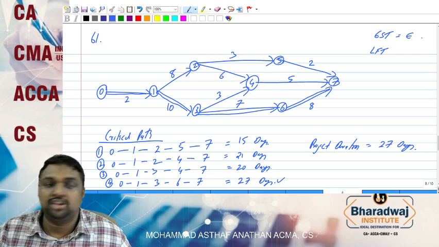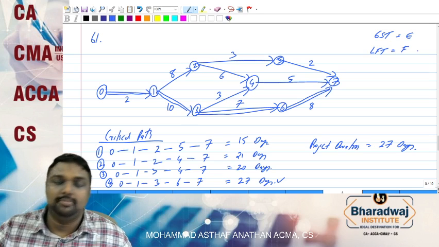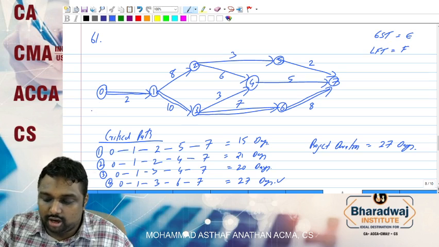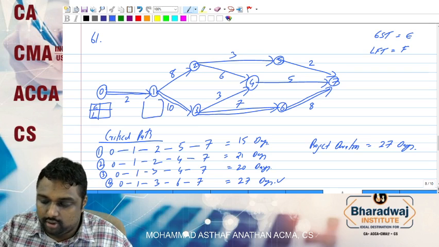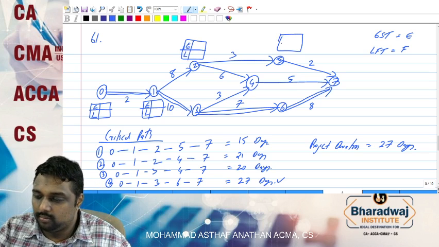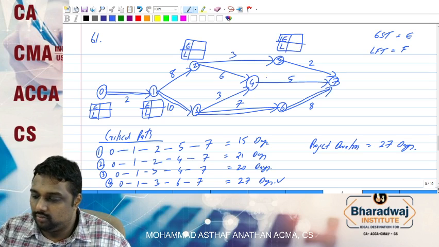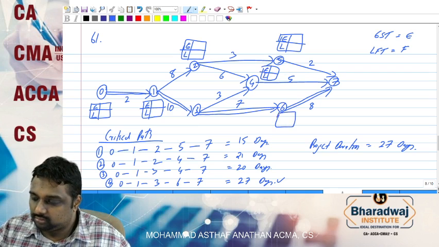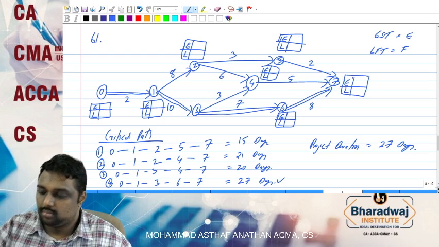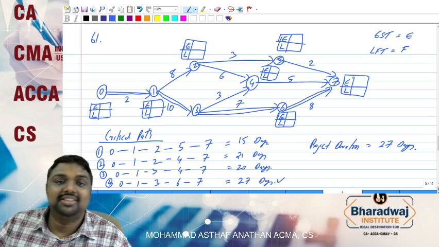Earliest start time, we give a shortcut as E. Latest finish time, we give a shortcut as F. So for each node, we have to prepare that. Are you clear? This is the first step.